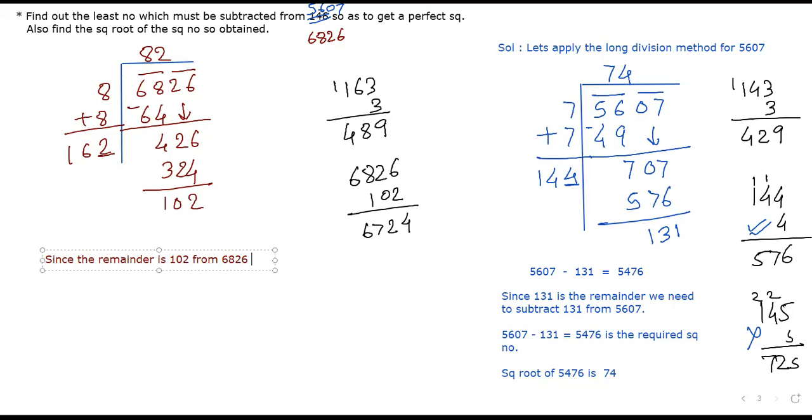Therefore, 6826 minus 102 is equal to 6724, the required square number. Yes or no? And the square root of 6724 is 82. Yes or no, children?